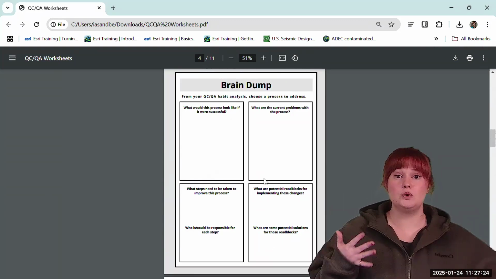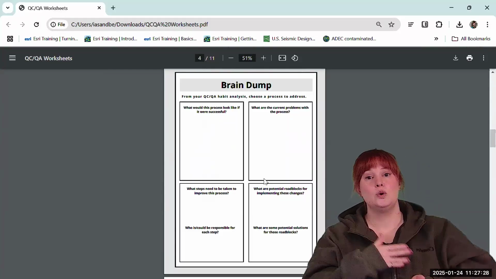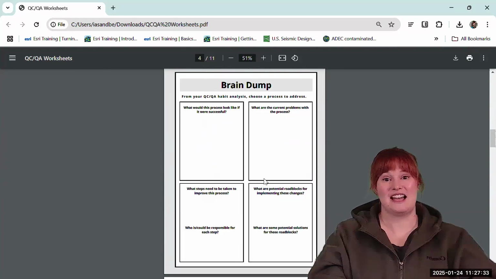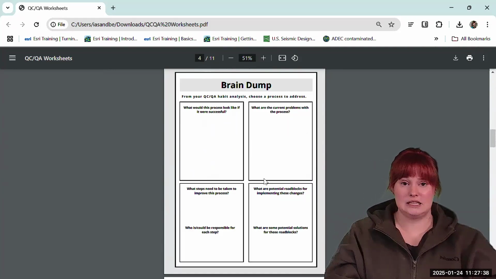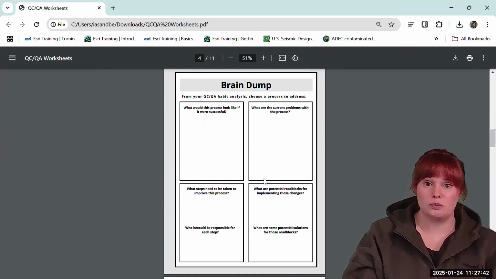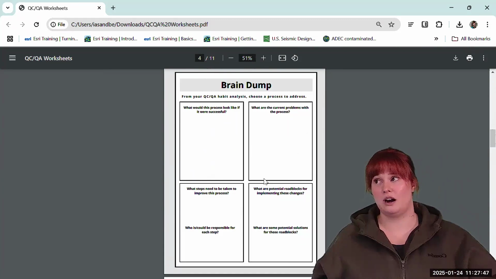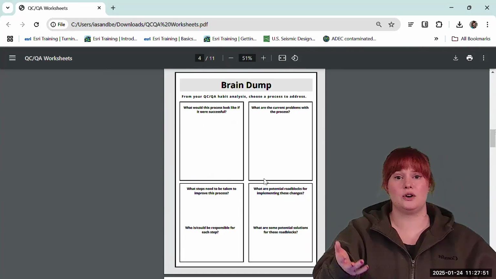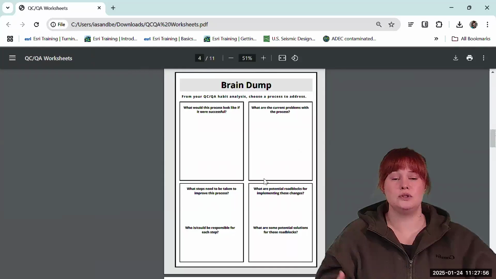And then you also want to think about who's going to be responsible. If you say, hey, everybody's got to have that done by X date, who's going to be the person that follows up with the stragglers and makes sure that they have gotten that done? And then what are some potential roadblocks for implementing these changes? And what are some potential solutions for those roadblocks? So again, hey, it's really hard for people to digitally sign stuff because they don't have their initials and their signatures in Adobe, or maybe you're having issues with whatever signature information you're using.